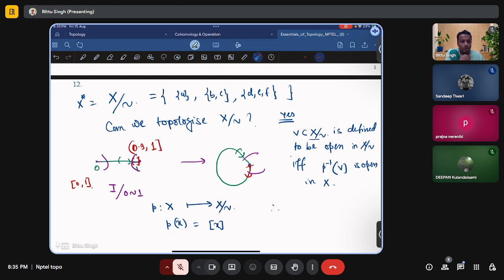We need to check those properties. So you can check that. So this forms a topology, which is called the quotient topology.